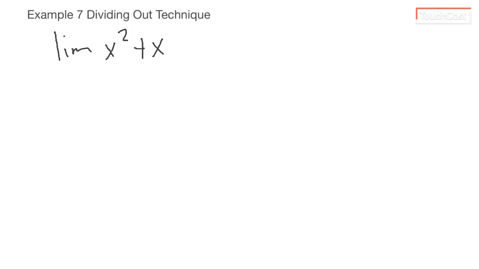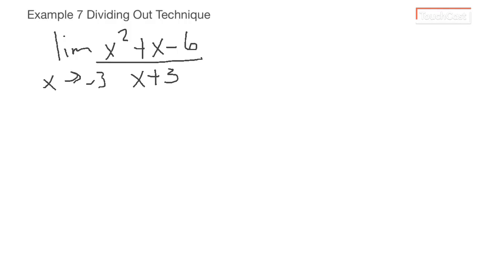So let's look at our next example, example 7, which is the dividing out technique. So we are going to try to find the limit of x squared plus x minus 6 over x plus 3 as x approaches negative 3.